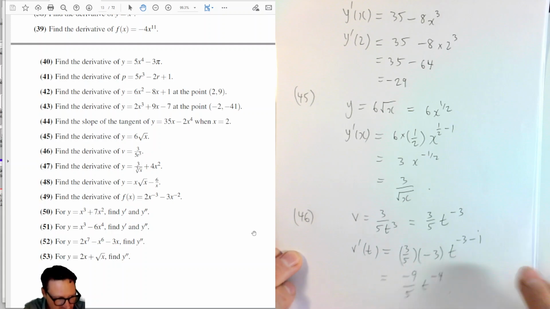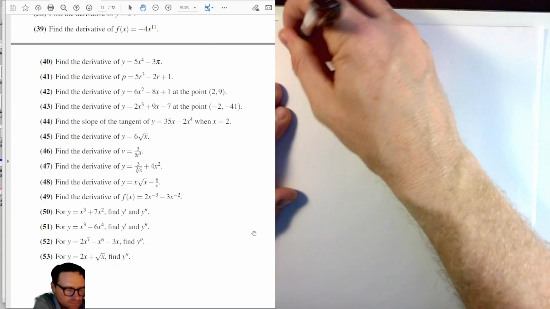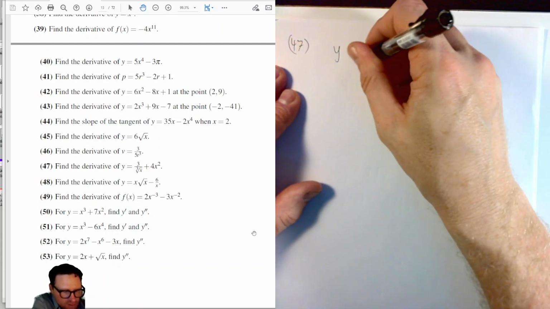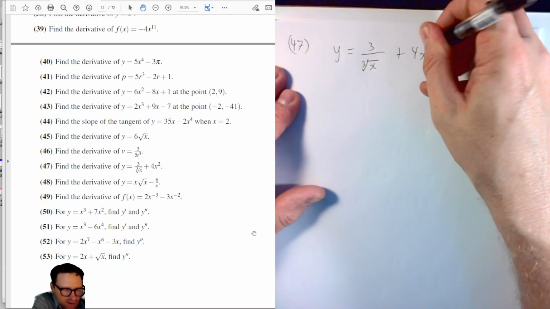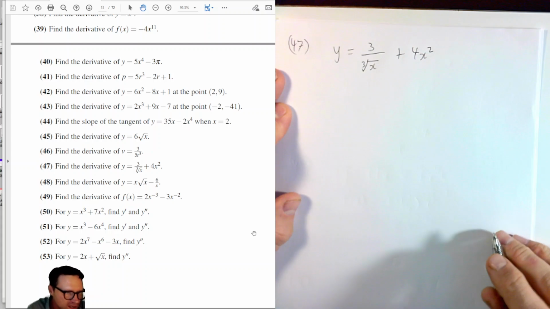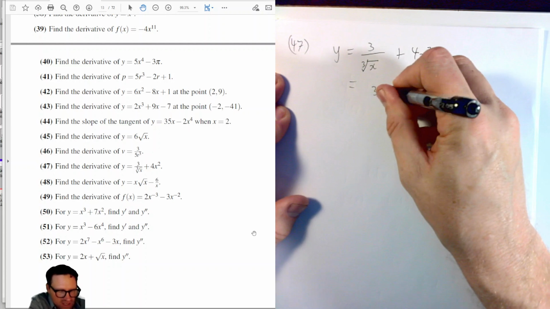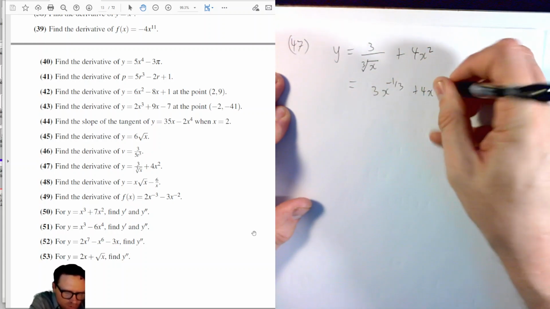Okay, let's move on to question 47. y equals 3 over the cube root of x plus 4x squared. Calculate the first derivative of this. So we want to write this as 3x to the minus 1/3 plus 4x squared.